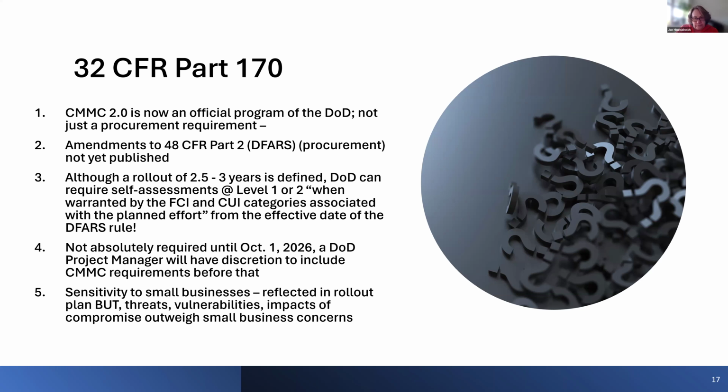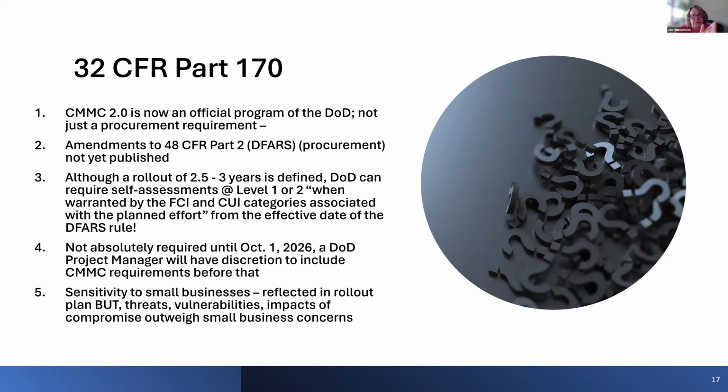The other bone for small and medium businesses, SMBs, was this rollout of 2.5 to 3 years. I guess they were contemplating making it even shorter, but this is a relatively short period for final rules to be implemented. Most of them are around 5 years, so it's not that big a bone, but they're trying.